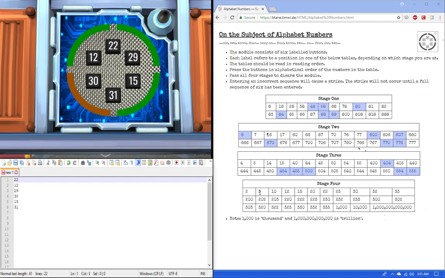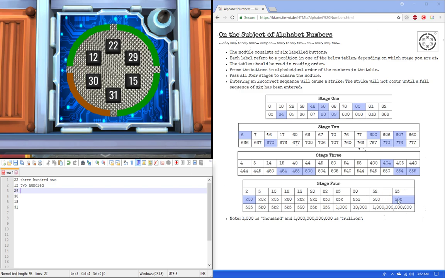Since this is a count of 11, I think. 1, 2, 3, 4, 6, 7, 8, 9, 10, 11. Yeah, it's 11. Which means the next number down is going to be 22. So we have 302. 12, so that's 11. 12's over here. That's going to be 200.